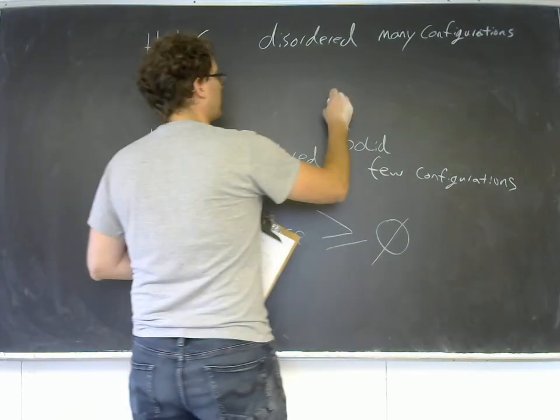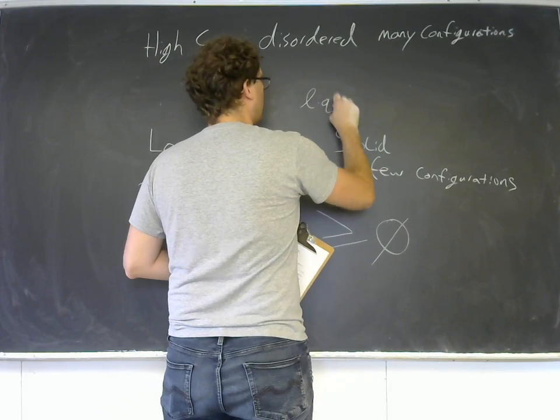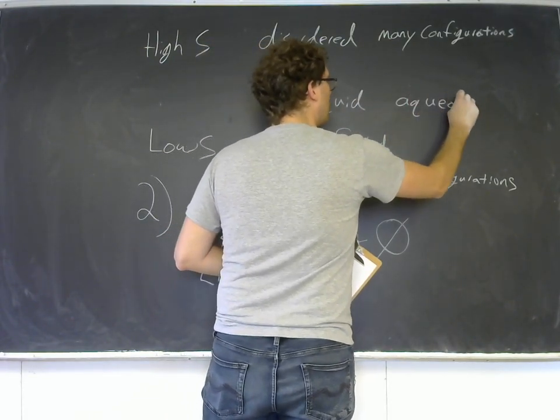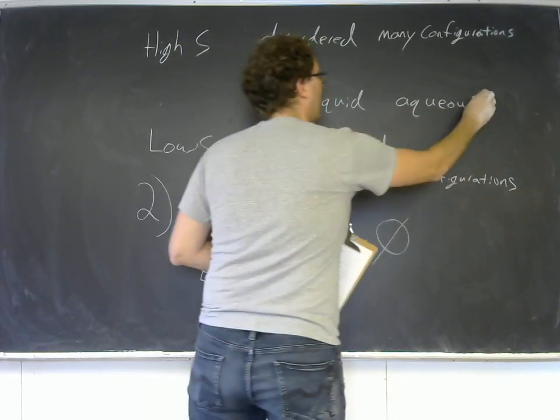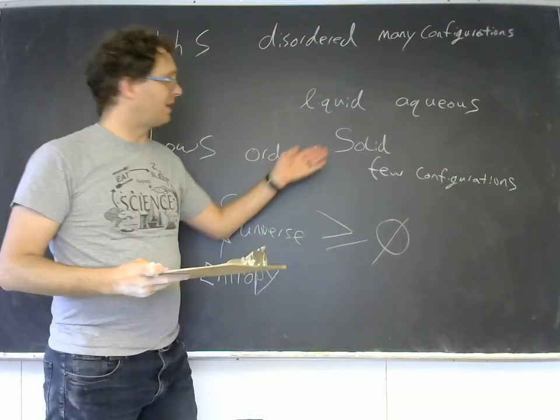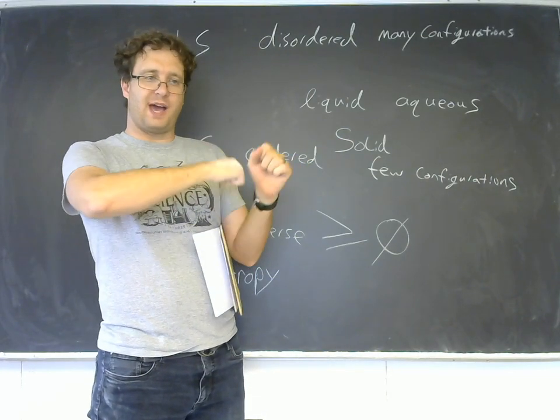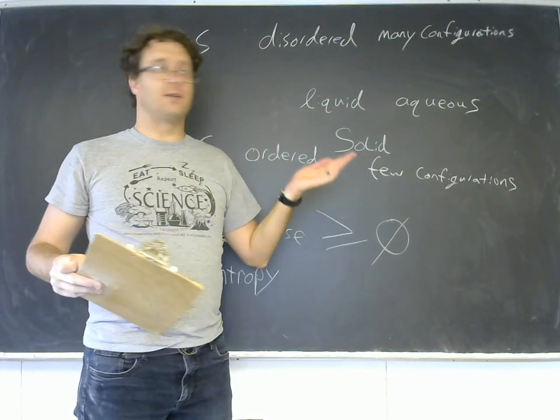Well, then we can have a liquid or aqueous. And now, in addition to all the energy levels that a solid would have, we also have molecules that can flow past one another. That's why liquids will flow.